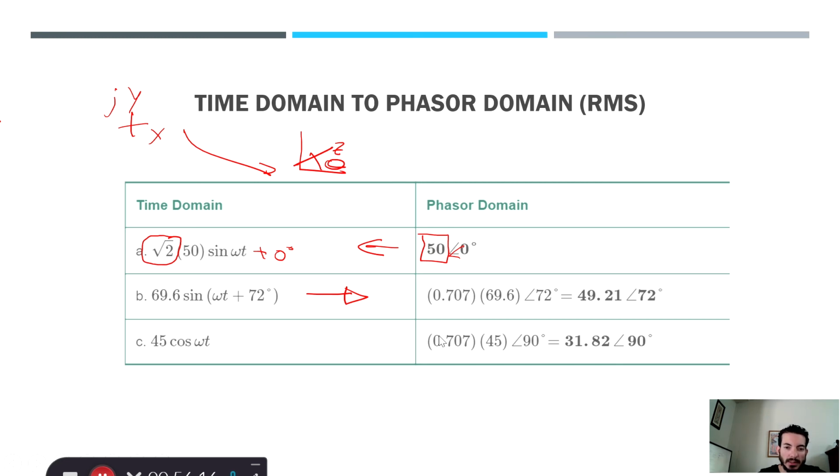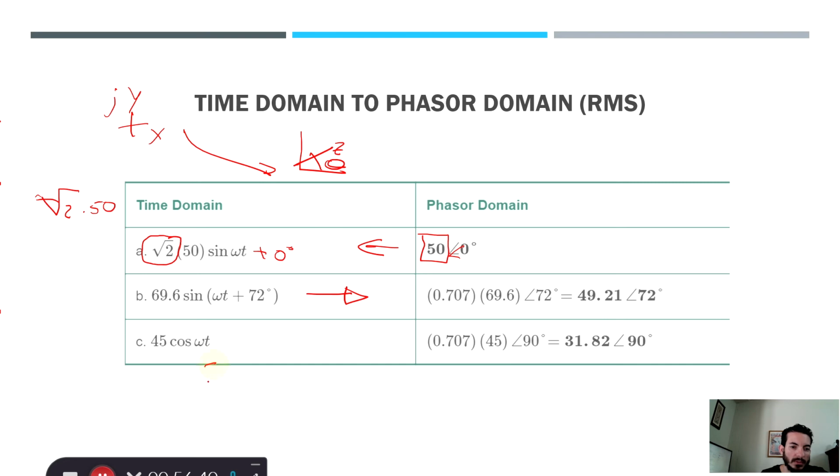In time domain it is 1 times square root of 2. So in other words, if we want to take a quantity, say square root of 2 times 50, to phasor domain, we'll multiply by 1 over square root of 2. That's why we get rid of the square root of 2.